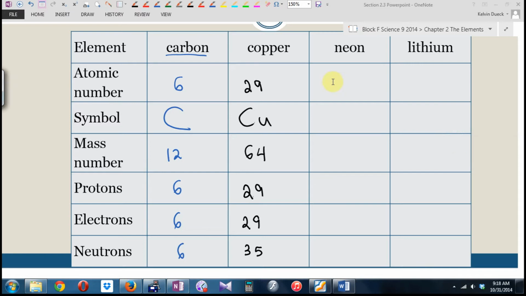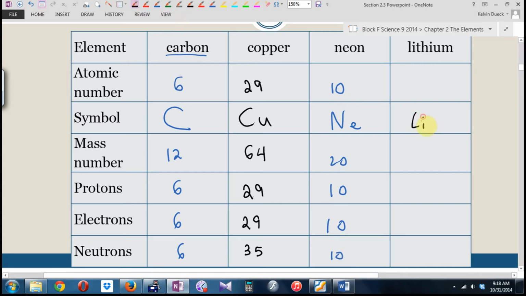I can get that. What's its mass? Lithium, I know, is Li. What's its mass? 7.